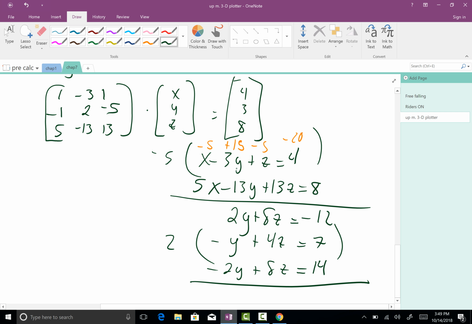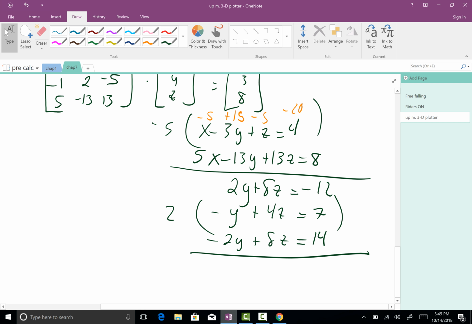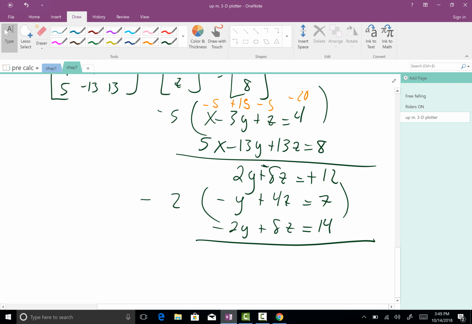So it should work out. We should get 0 x's, 2 y's, 8 z's equals negative 12. And multiplying by 2. Oh, we have to multiply by negative 2. There we go. So that makes a positive 2y, a negative 8z, plus 12.